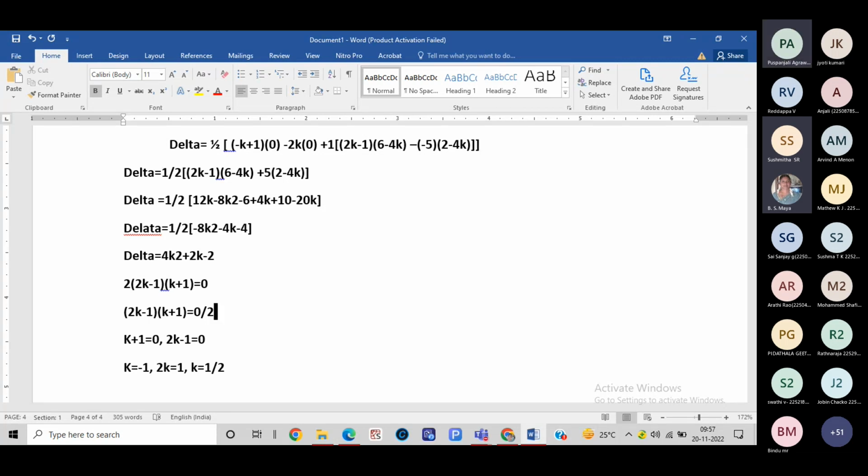Then we have 2k minus 1 as one variable, equal to 0, and k plus 1 is equal to 0. What is k? K is equal to minus 1. And 2k is equal to 1, so k is equal to 1 by 2.